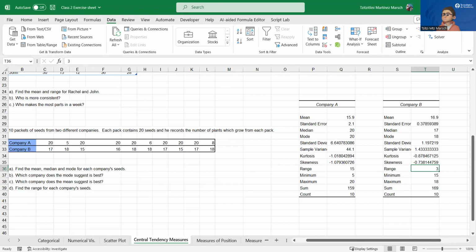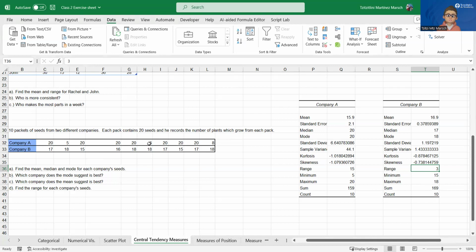So finding this information, this range is much bigger for company A, because there are some packets that only yield 6 plants and some packets that are yielding 20 plants. Here, the range is only 3. So which one would you choose? Well, since we have these data, 5 and 6 and 8, for example, these are extreme data.